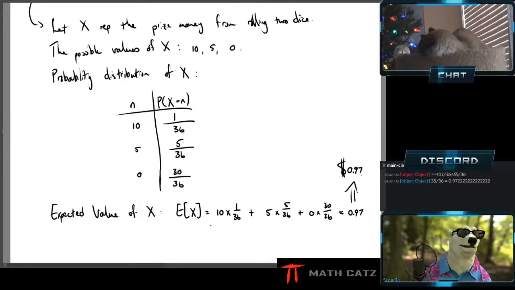Now, like in most practical situations, if I perform a calculation, it's only worth doing if it tells me something, if it gives information that I didn't have before. And the expected value certainly does that. But I need to interpret it, right?